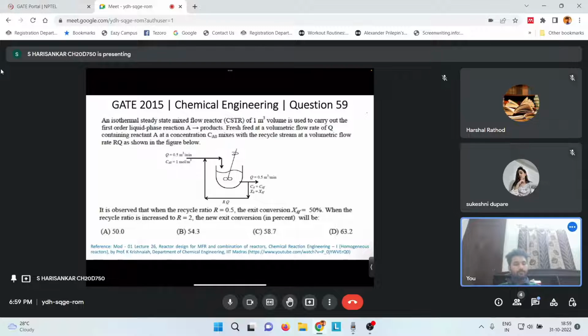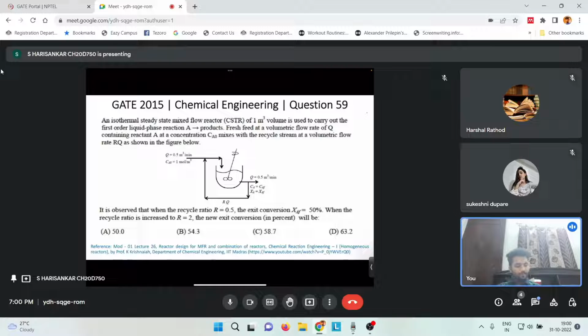So this is a question from Chemical Engineering GATE 2015, question number 59. An isothermal steady state mixed flow reactor or CSTR of 1 meter cube volume is used to carry out the first order liquid phase reaction A gives product. Fresh feed at volumetric flow rate of Q containing reactant A at concentration CA0 mixes with the recycled stream at a volumetric flow rate of RQ as shown in the figure below.